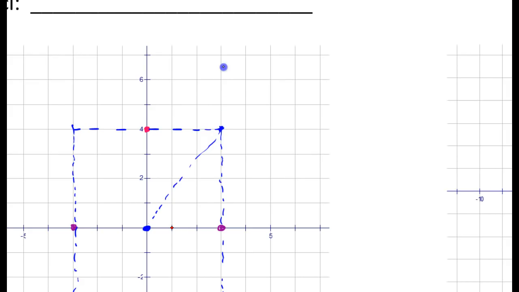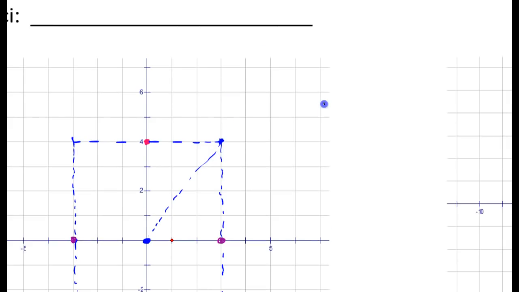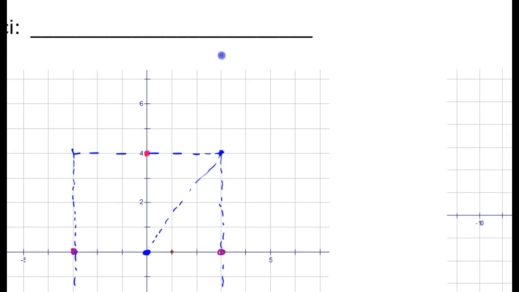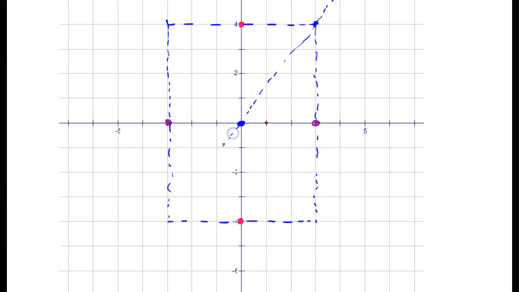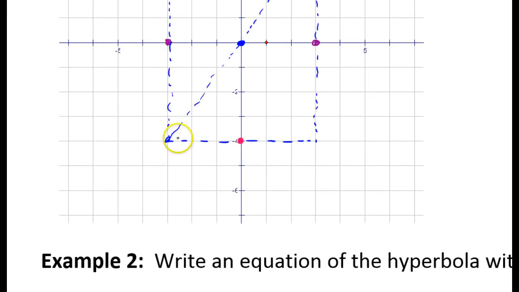I'm going to keep track of that because if I want to put another point down, I would need to again go up 4 and over 3. And that will help me keep my asymptote more accurate. Okay, so I will do the same thing in the other direction. In this direction I'm going down 4 and left 3.